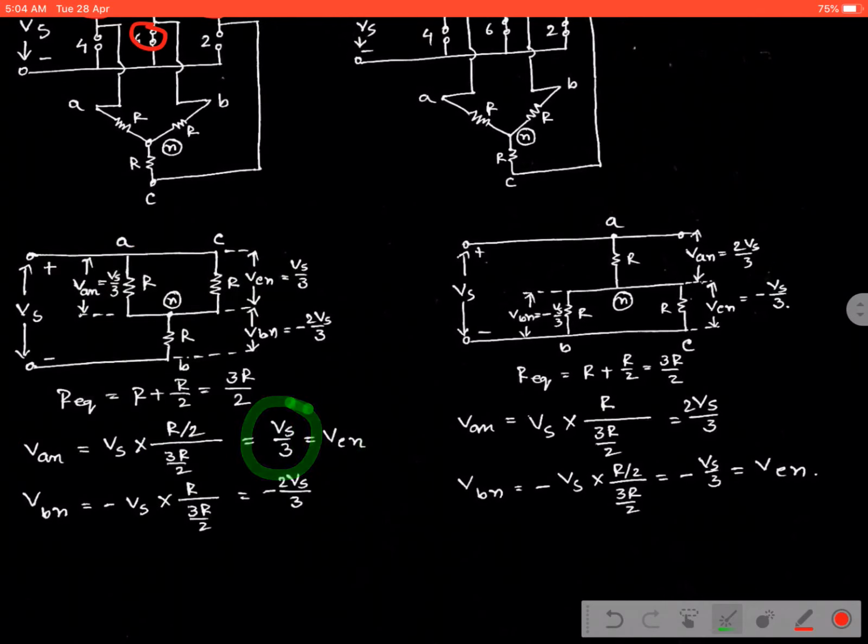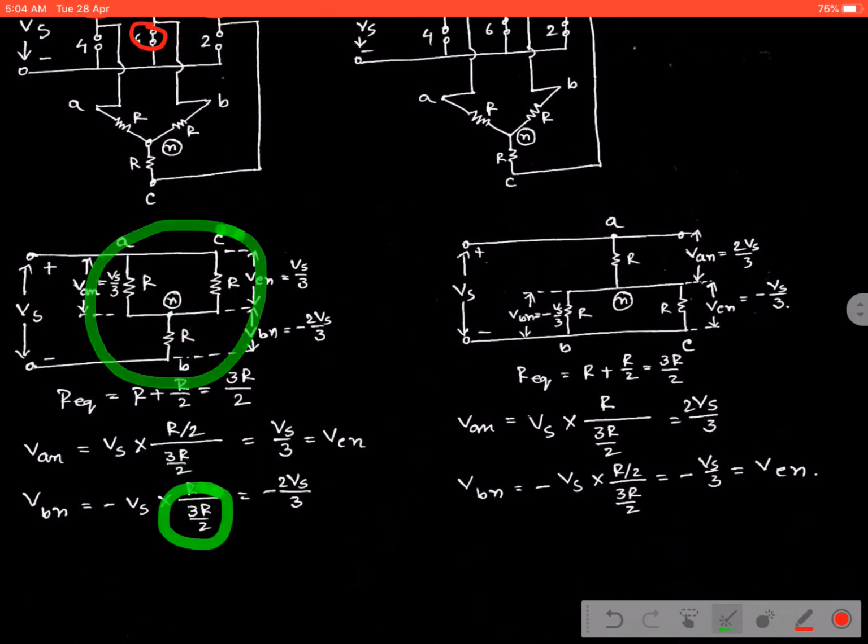Similarly, in the next case for point B, again using the voltage dividing law, the supply voltage Vs into the resistance R, divided by the total equivalent resistance 3R by 2.